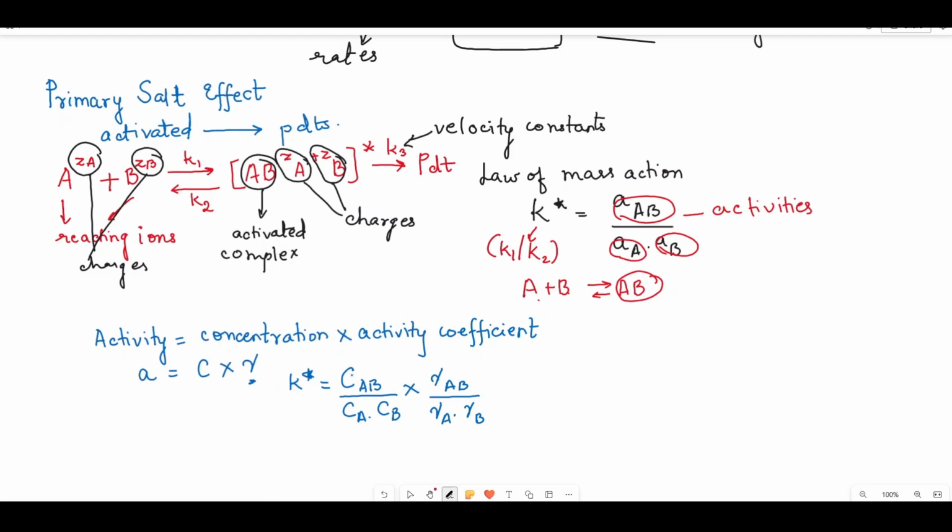So now the rate of reaction is equal to K3 CAB.